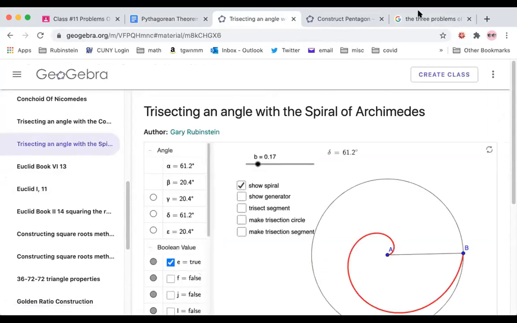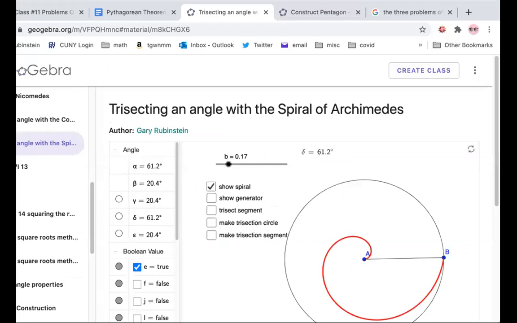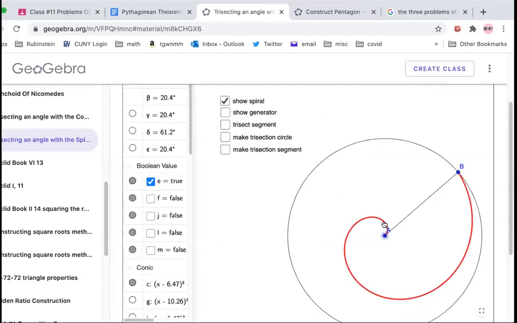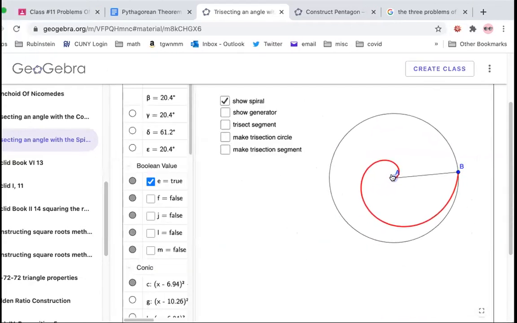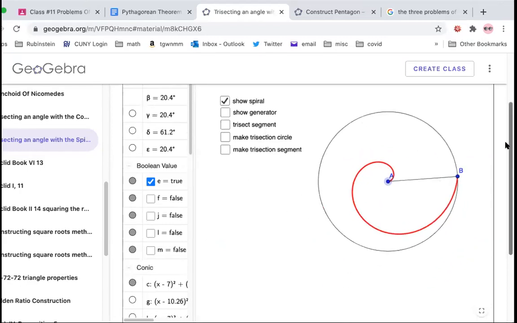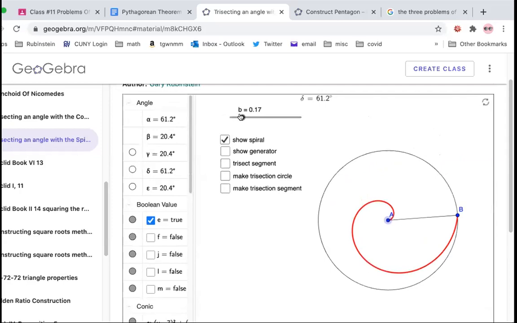Okay, here's an Archimedes spiral. And here's the property of the spiral. Watch carefully.